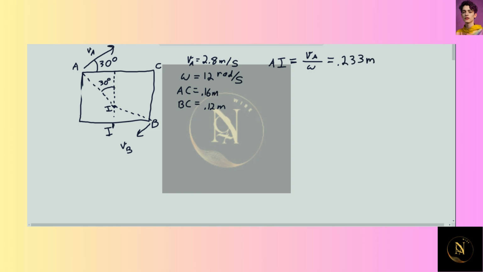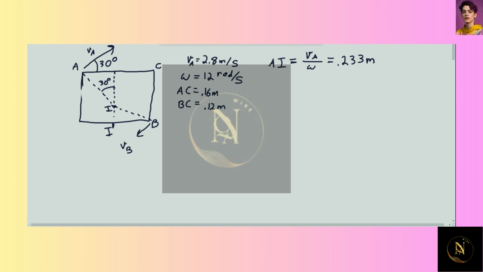So that is our distance here. That would imply that this center of rotation is actually outside of the box somewhere. Just something to keep in mind here, but not a huge deal for the math.